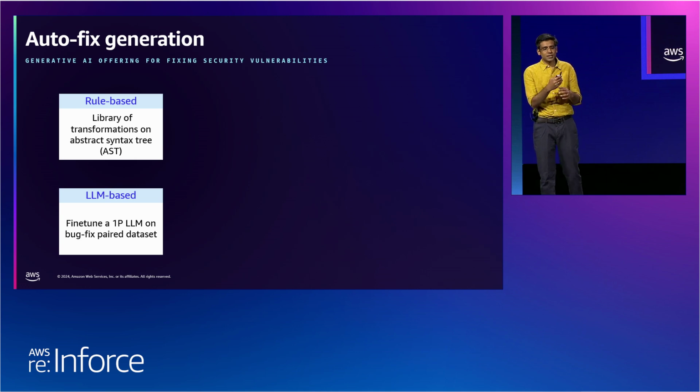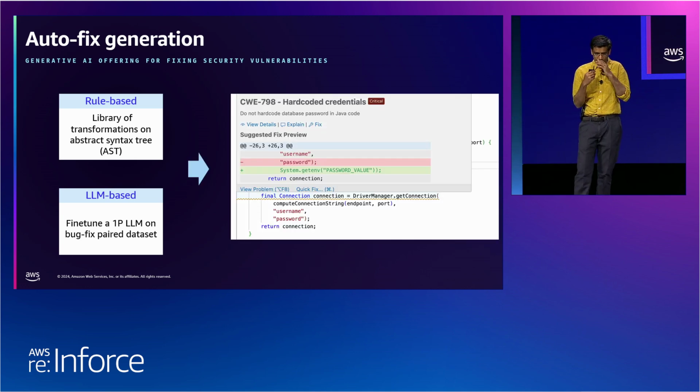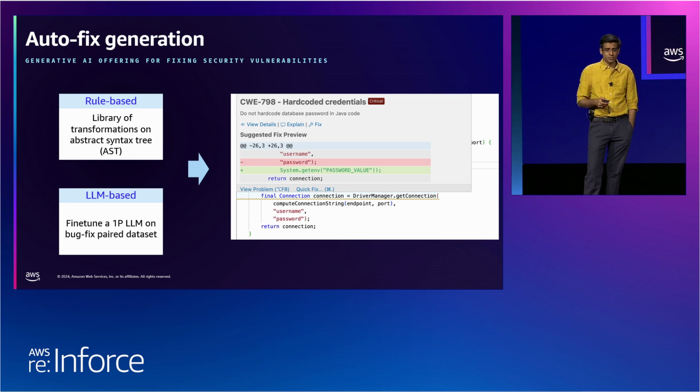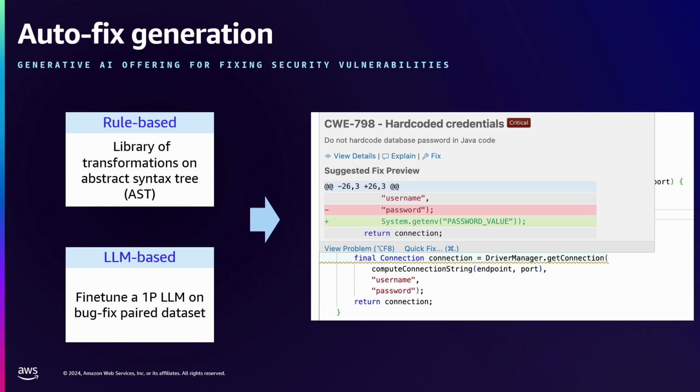Using a combination of both the rule-based and the LLM-based fixes, we power the autofix generator, which a user can realize in their IDE in the manner I've shown in the screenshot here.